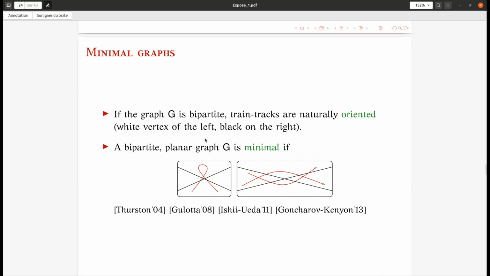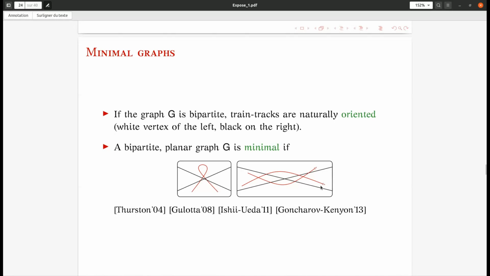A bipartite graph is said to be minimal if you don't have self-intersections of train tracks, as in the case of isoradial graphs, but you have more freedom. The only thing that you don't want is that two distinct train tracks intersect more than once in the same direction. You see here on the right, you have additional arrows.